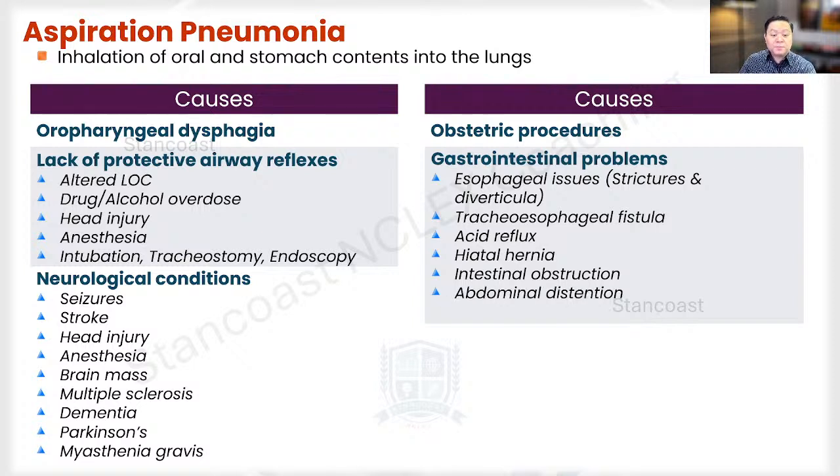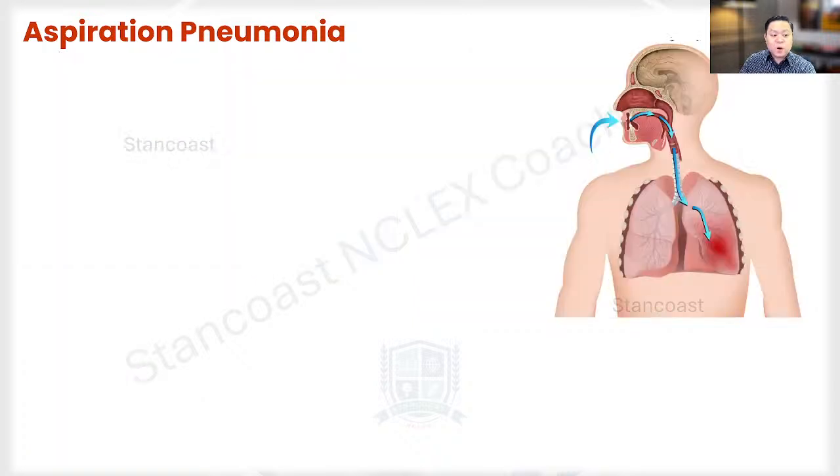Or post-pyloric tube feedings. These can also predispose the patient to developing aspiration pneumonia. Now, there's also the severity, which is going to be dependent on the amount, the volume that has been inhaled or aspirated by the patient.